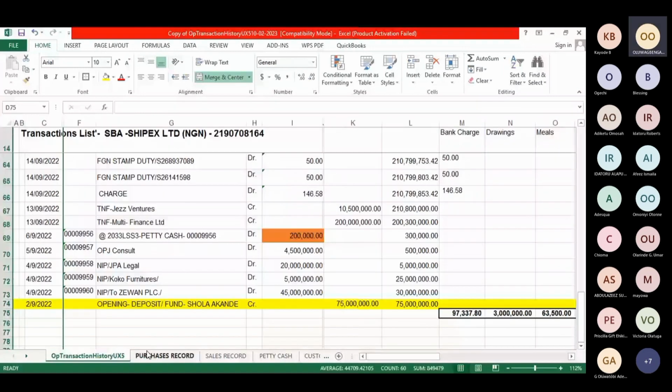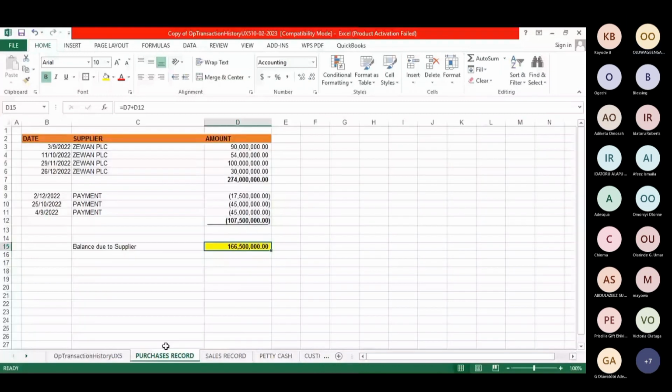So what I now do here is to do a rough sketch of the trial balance so that I can be able to bring out everything and to see if there will be a balance before I will now do a trial balance, which would be a summary. So this rough sketch will bring all transactions together.